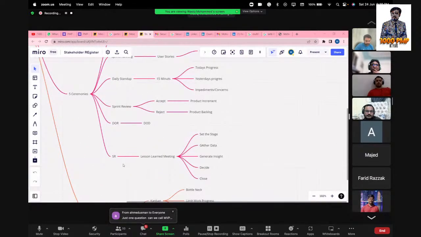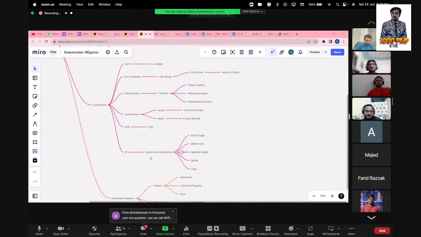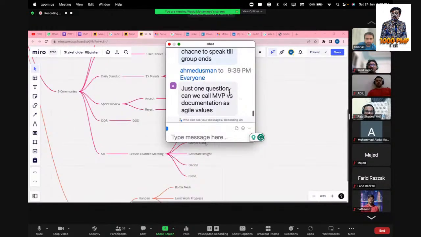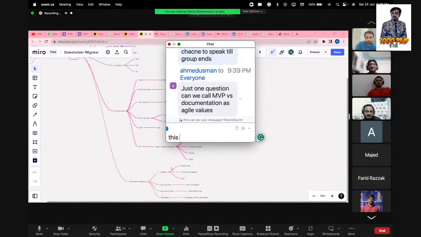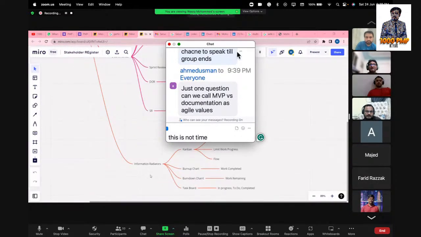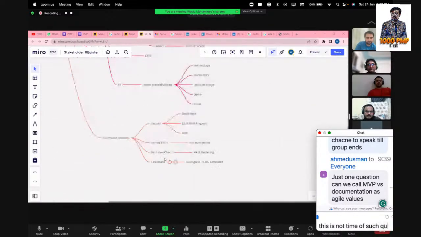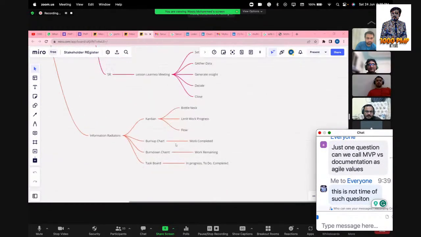Then we have sprint retrospective. Sprint retrospective is a lessons learned meeting. In the lessons learned meeting, we set the stage, gather data, generate insight, decide, and close. And we have information radiators in agile, like Kanban, burn up chart, burn down chart, and task board.